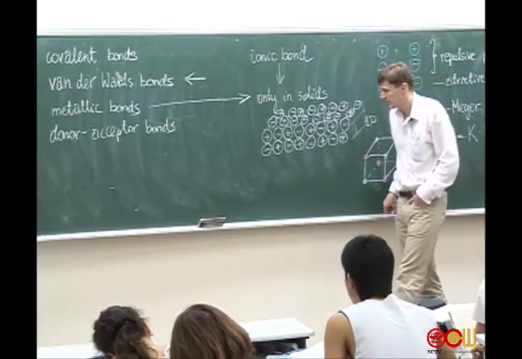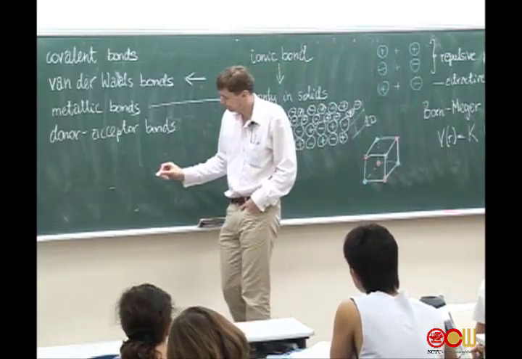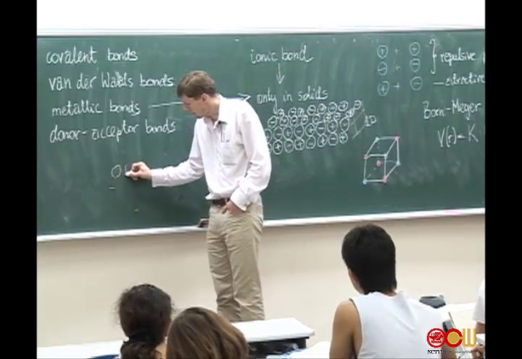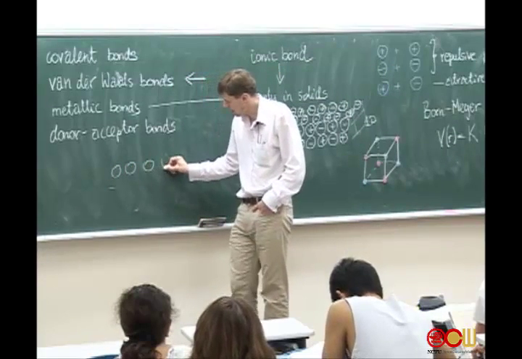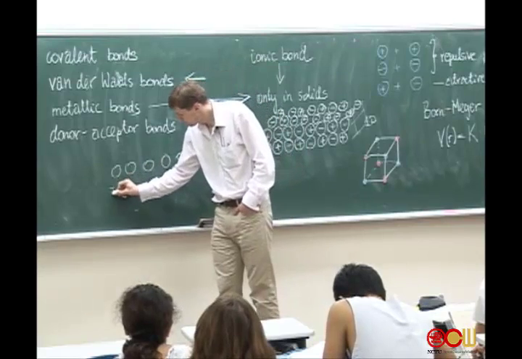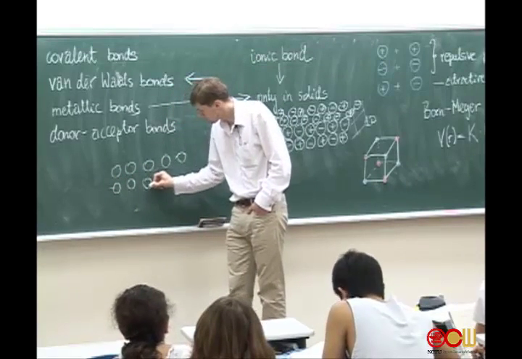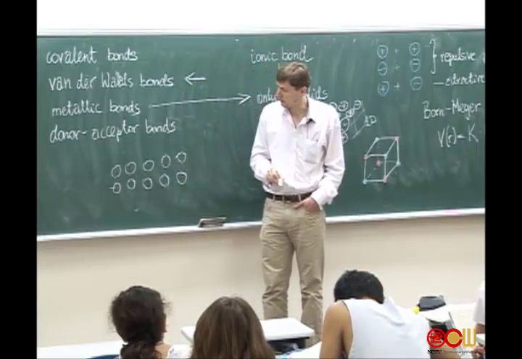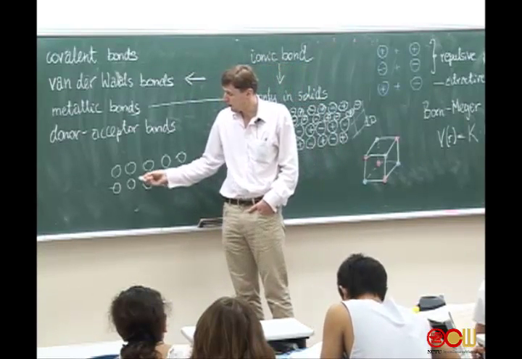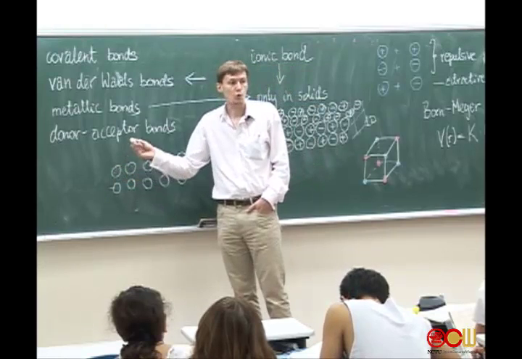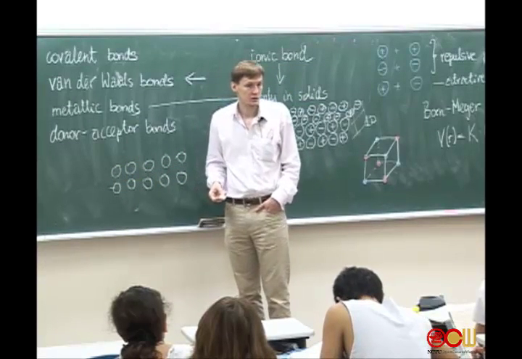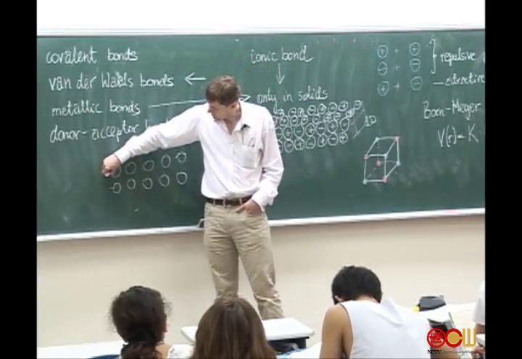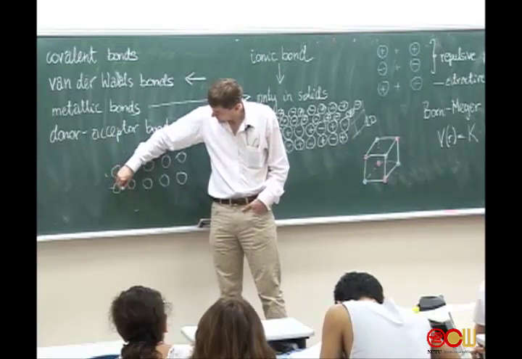And the metallic bond looks like that. You have atom, atom, atom, atom, atom. Not ions this time, just atoms collected together. And now each of these atoms gives 1 or 2 electrons outside, whatever it means.